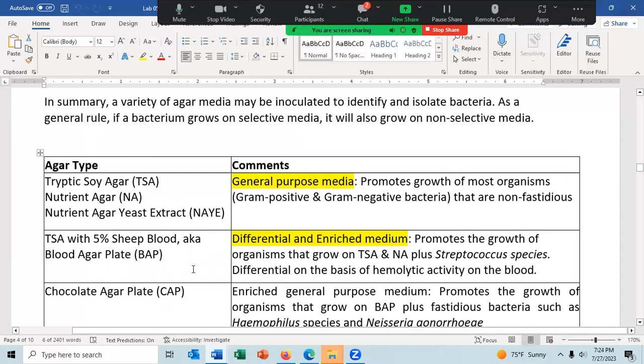Blood agar is also differential in that you can see different hemolytic activity of different species of cells, meaning there's beta hemolysis, alpha hemolysis, and gamma hemolysis.